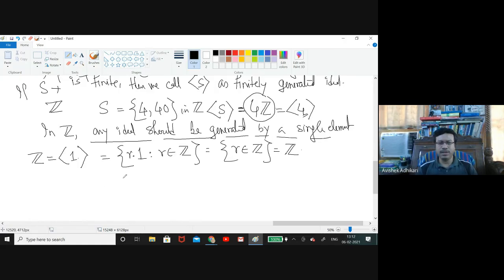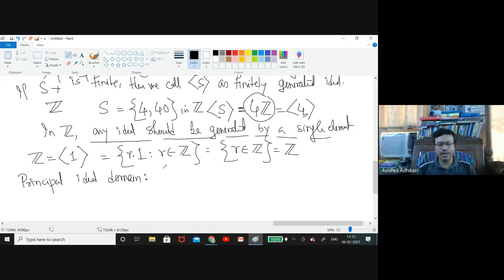So now it's very clear to all of you, I guess. All the ideals of Z are basically generated by a single element. If an integral domain, and we all know that Z is an integral domain, has this property, we call that integral domain a principal ideal domain. Domain means integral domain.